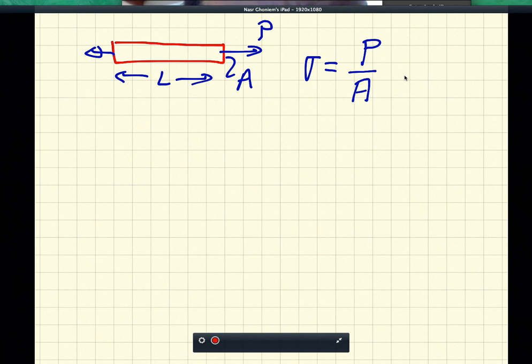So in the case of the axial loading, I'm going to minimize the weight, but I'd like to have it for large stiffness.